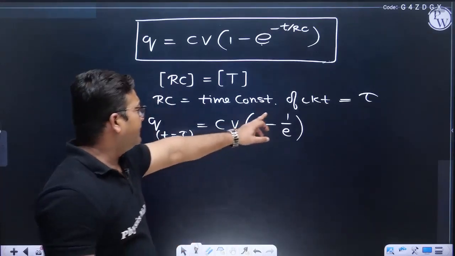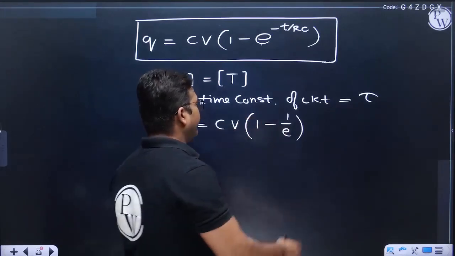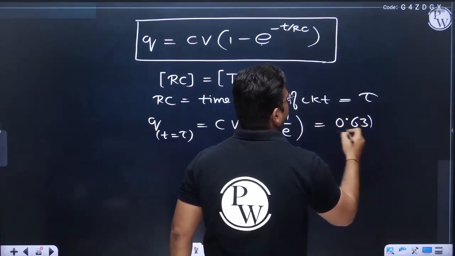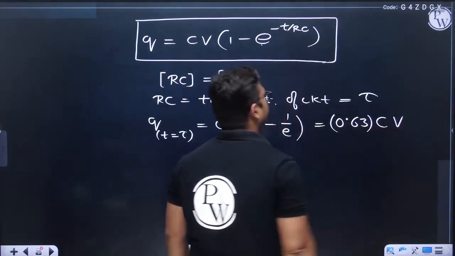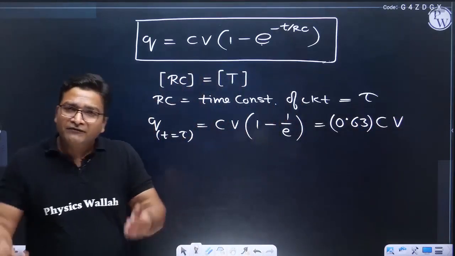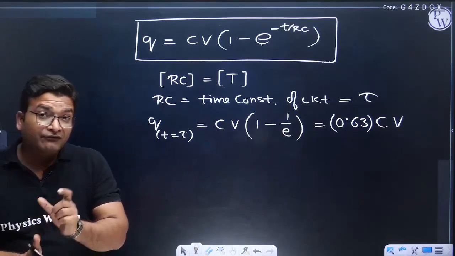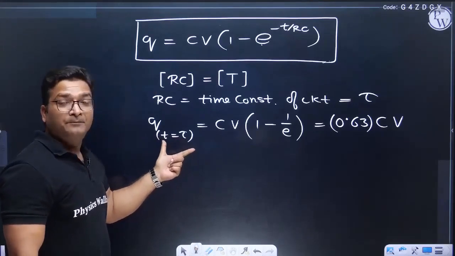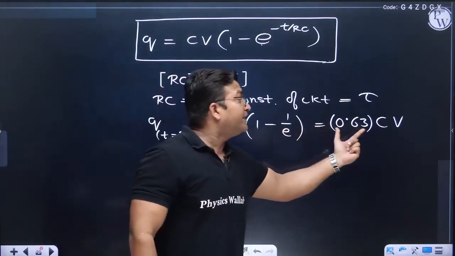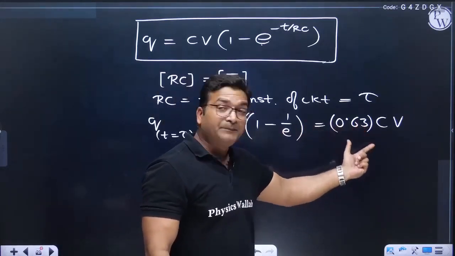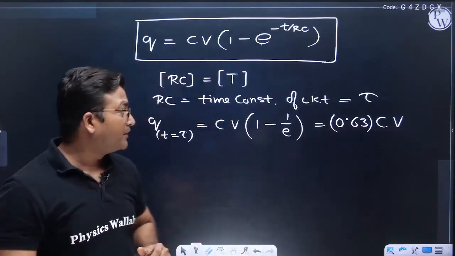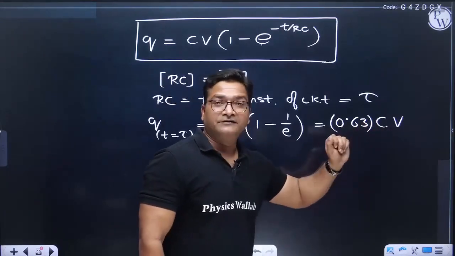And if 1 upon e is 0.37, 1 minus 1 upon e is 0.63 times CV. So what we learn from here? We learn that after one time constant, the charge on the capacitor becomes only 63% of the maximum charge CV.